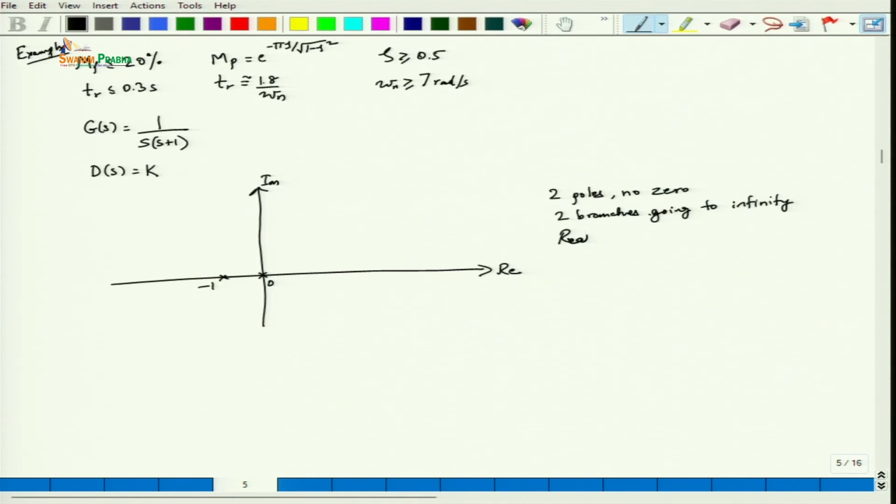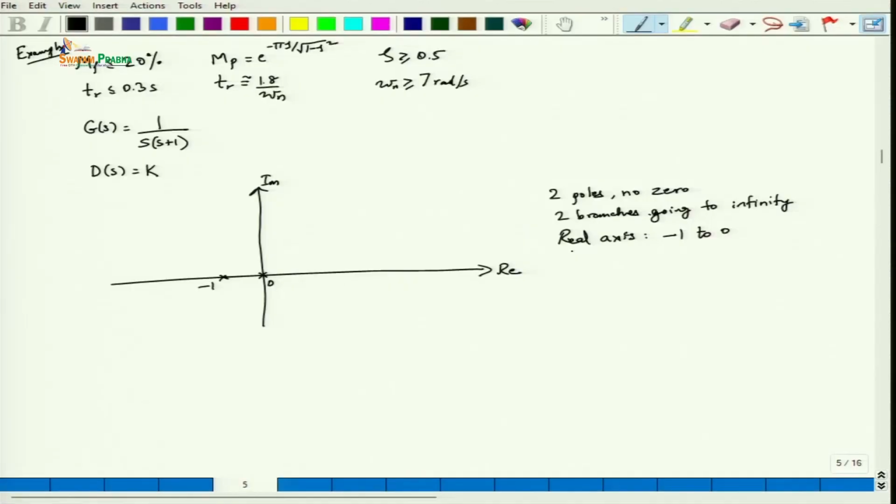The real axis part in this case, the positive real axis has no poles or zeros, so that's not a part of the loci. From -1 to 0, you will find that at the right side there is only one pole, and beyond -1 there is an even number of poles, so we are not going to consider that as a part of the loci. So only this part is a part of the loci.